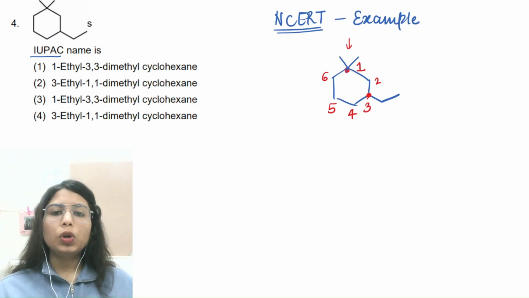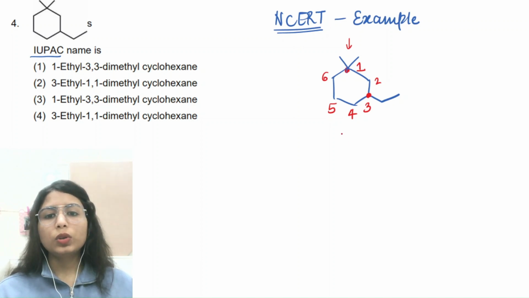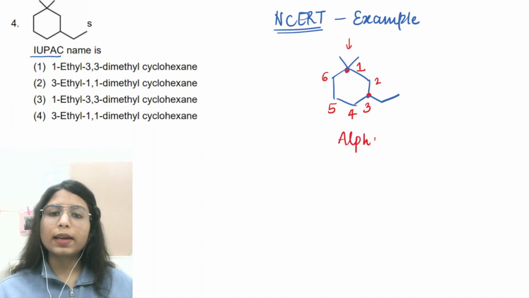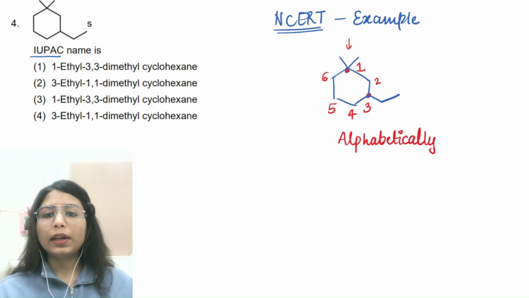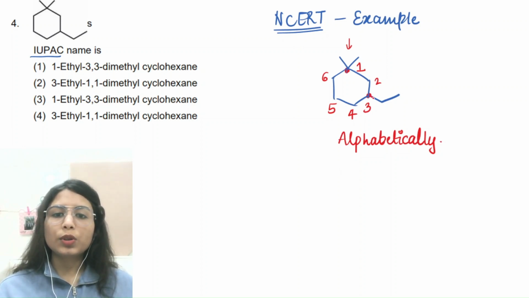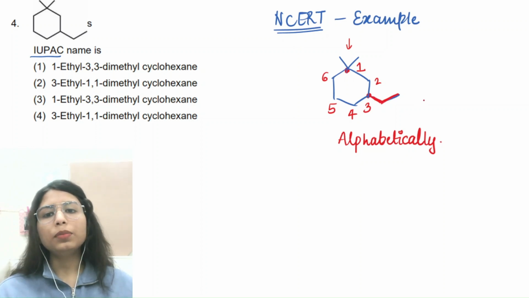Right. Now you have to write the substituents in alphabetical order. Alphabetically, which comes first has to be written first. Here this group contains 2 carbon atoms, so this is your ethyl group, right?